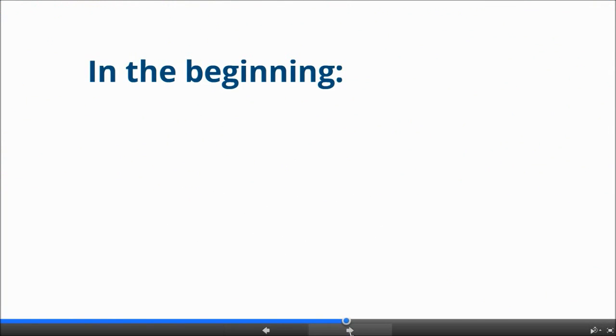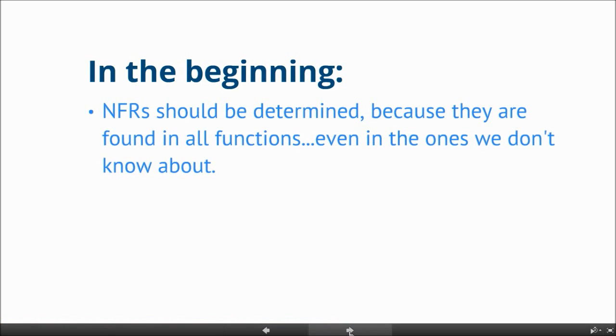So when is a good time to capture these non-functional requirements? Ideally, and ideally is not always going to happen, you want to capture these in the beginning. Non-functional requirements should be determined in the beginning because they are found in all functions, even the ones we don't know about.